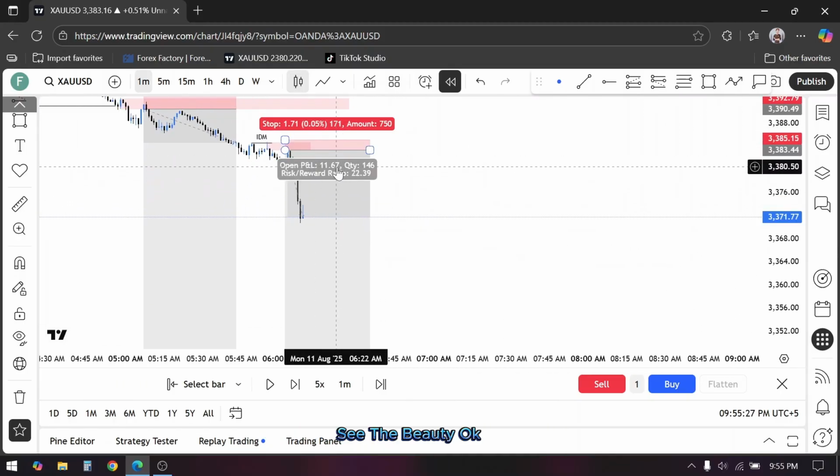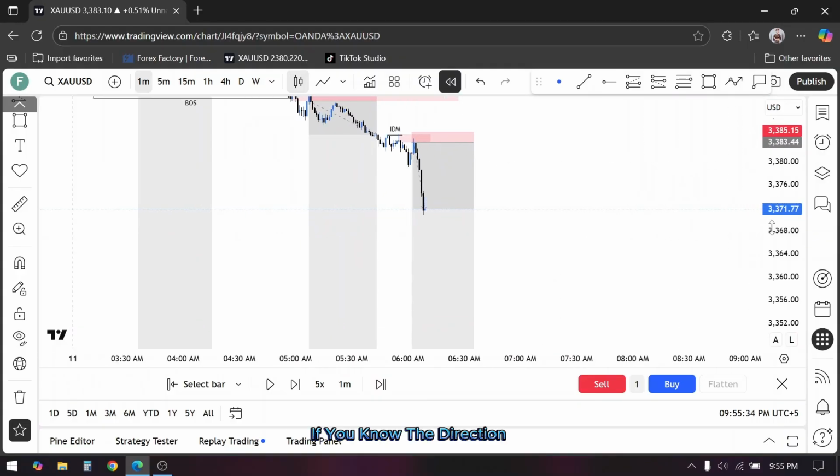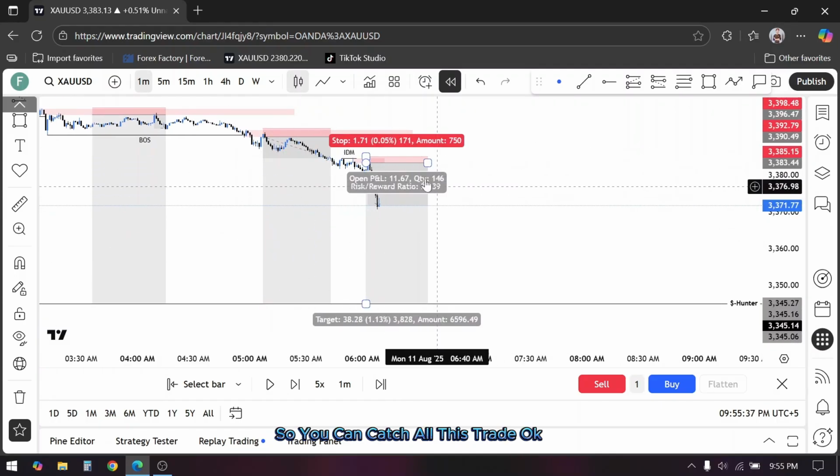See the beauty, very small SL, almost 17 pips. If you know the direction, you can catch all this trade.